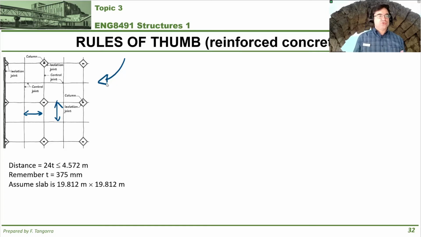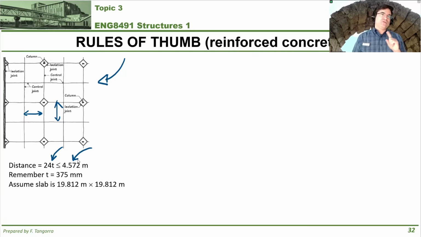Okay, so the rule of thumb, as it shows in your textbook, which is exactly where I got this from, is that the maximum distance for the cuts, the control joints between each other, is 24 times the thickness, as long as it's no more than 4.572 meters.